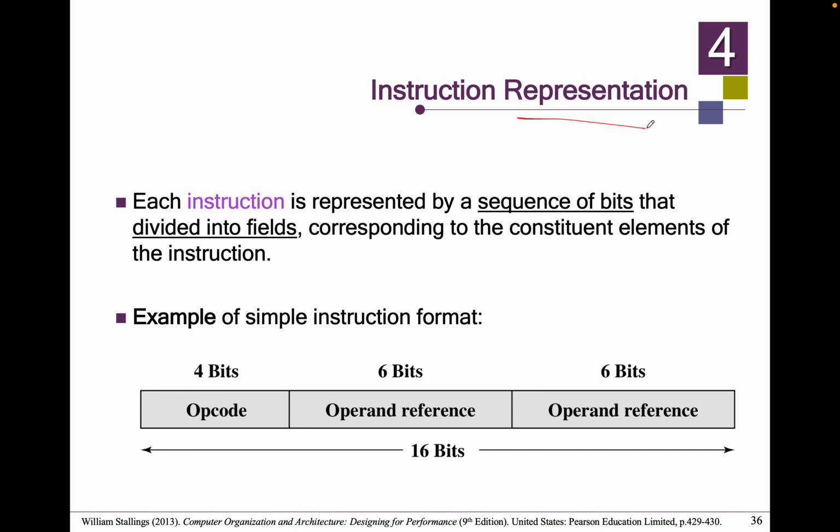Instruction representation. Each instruction is represented by a sequence of bits that is divided into fields corresponding to the constituent elements of the instruction. Example of a simple instruction format: you have opcode, you have operand reference, you have operand reference, your source, your destination, your source.